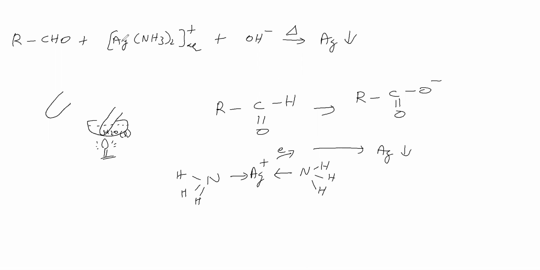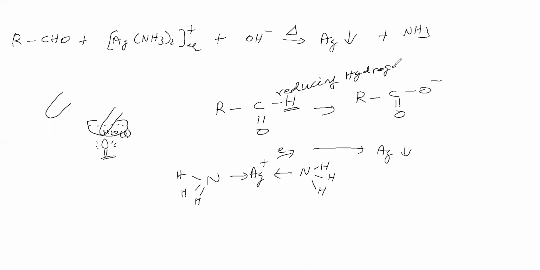That means this Ag plus is undergoing reduction. The ammonia molecules leave as they are. This aldehyde is converting into the carboxylate anion. This is called reducing hydrogen.